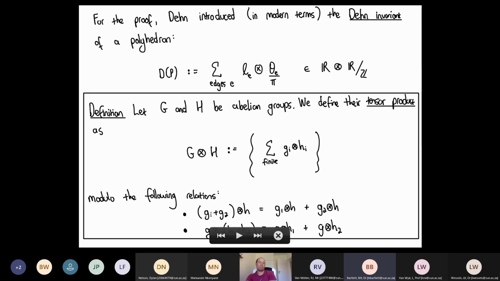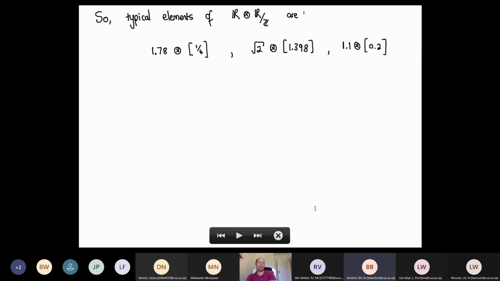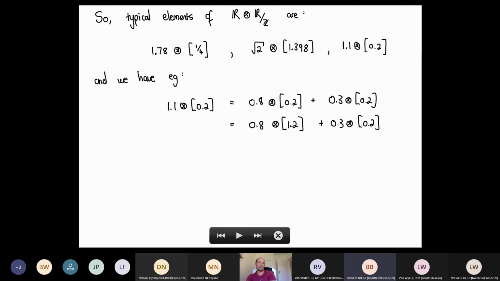This relation that G1 plus G2 tensor H is the same as G1 tensor H plus G2 tensor H. So I'm applying that relation here, because 0.8 plus 0.3 will give me 1.1. And similarly, I could notice that 0.2, its equivalence class is the same as the equivalence class of 1.2, because these two numbers differ by an integer. So these are the kind of manipulations we're allowed to do inside this abelian group.